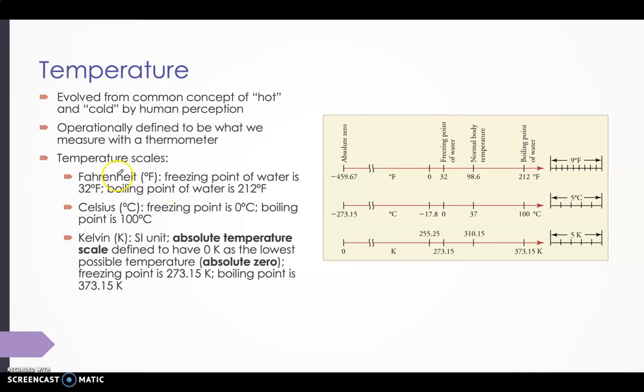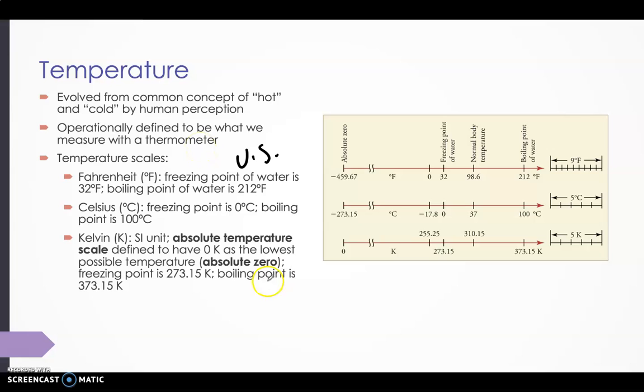So, again, in the US, we typically use degrees Fahrenheit, and the freezing point of water in this scale is 32 degrees Fahrenheit, and the boiling point of water is 212 degrees Fahrenheit, okay?